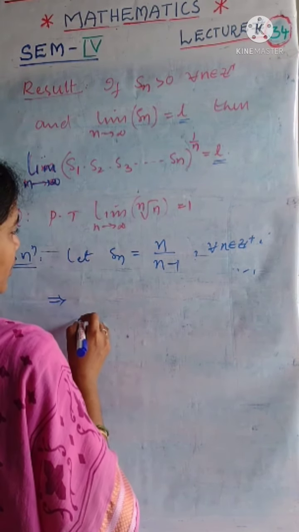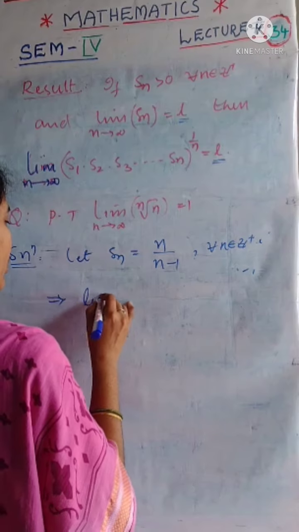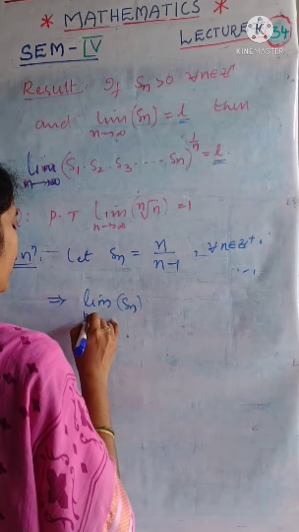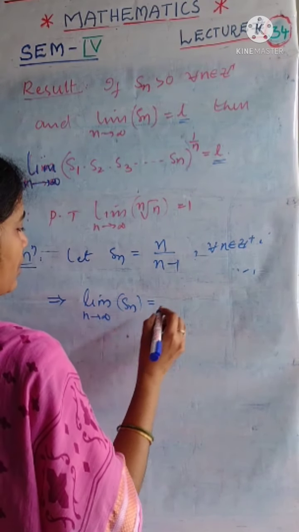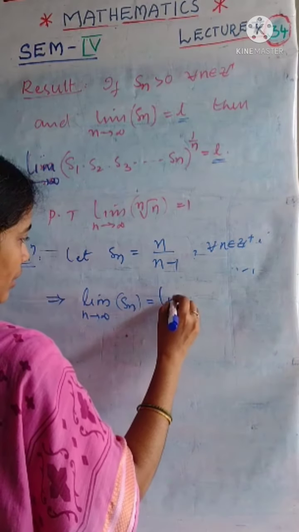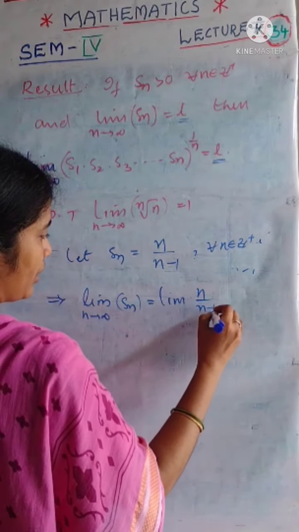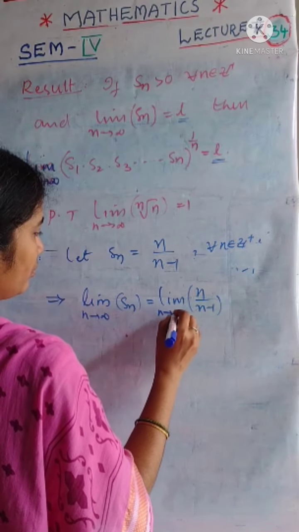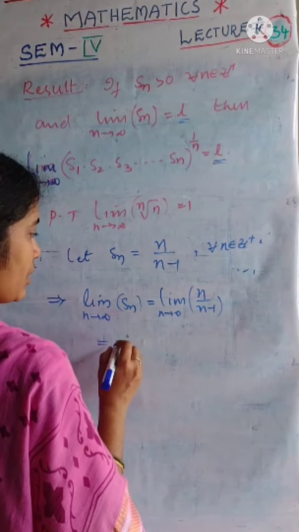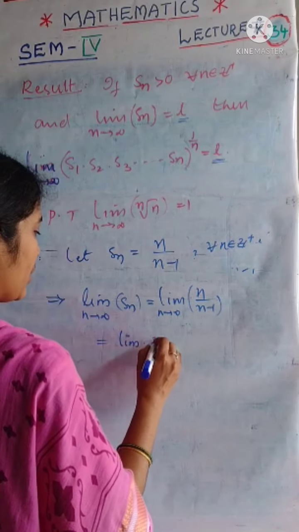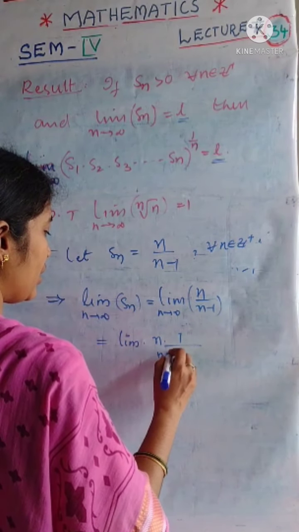Then what is the limit of Sn? It is equal to the limit of n by n minus 1 when n tends to infinity, which is equal to the limit of n common from the denominator and numerator.